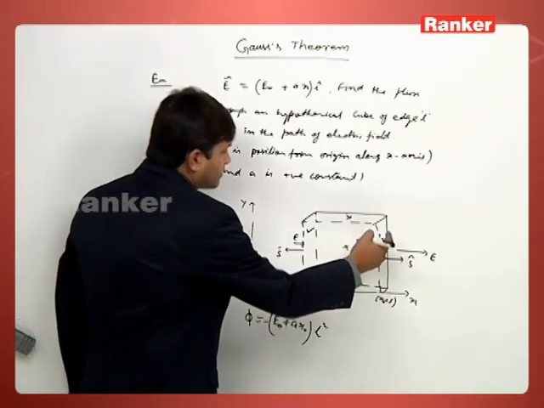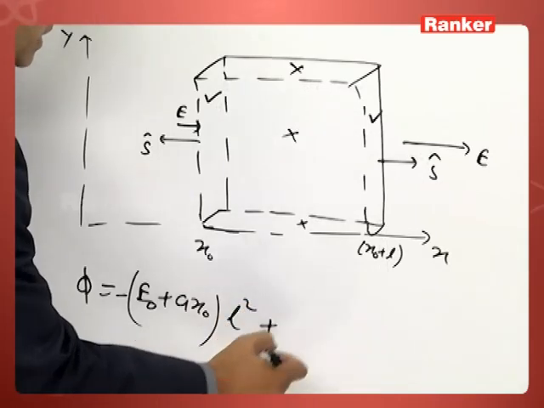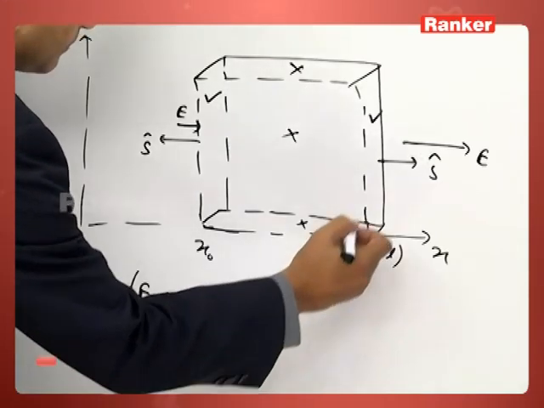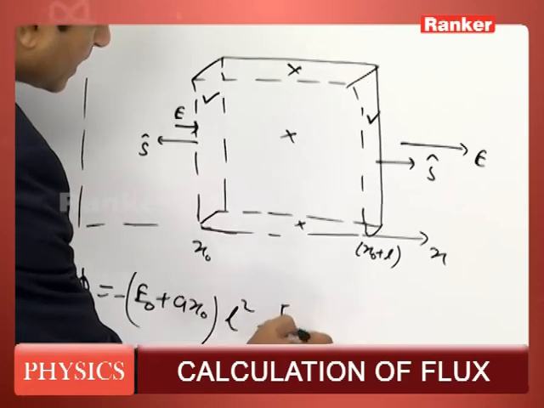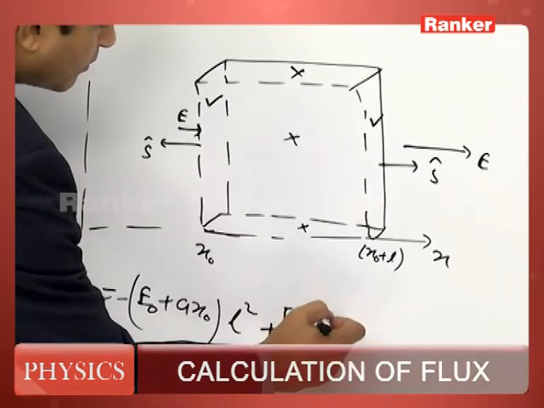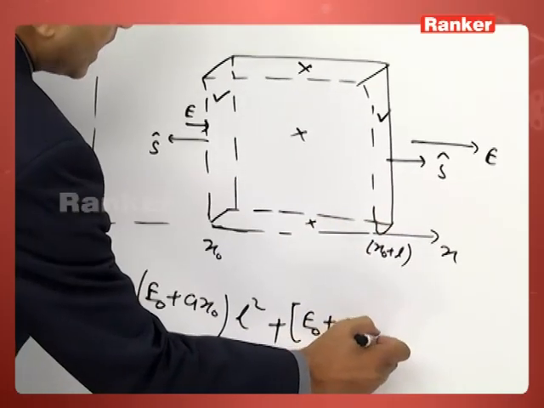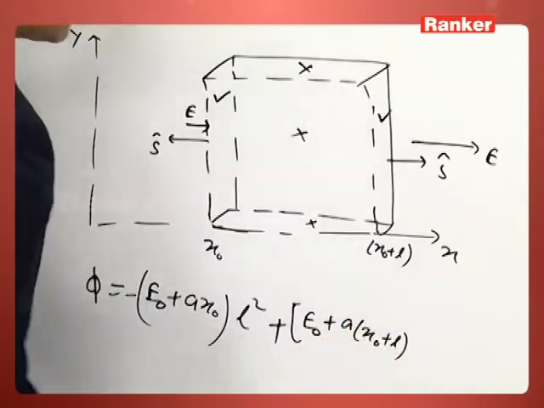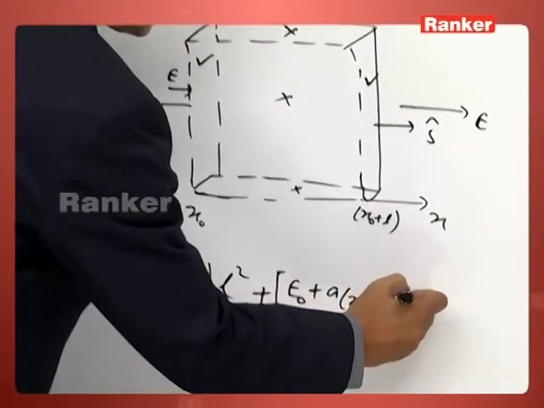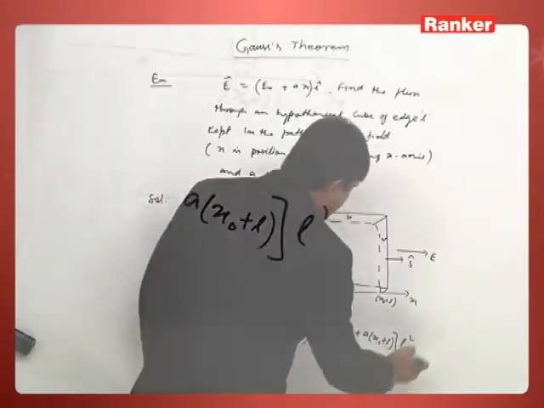Similarly from this part, plus the electric field will be E naught plus A times the position of this point, x naught plus L, into area L square.